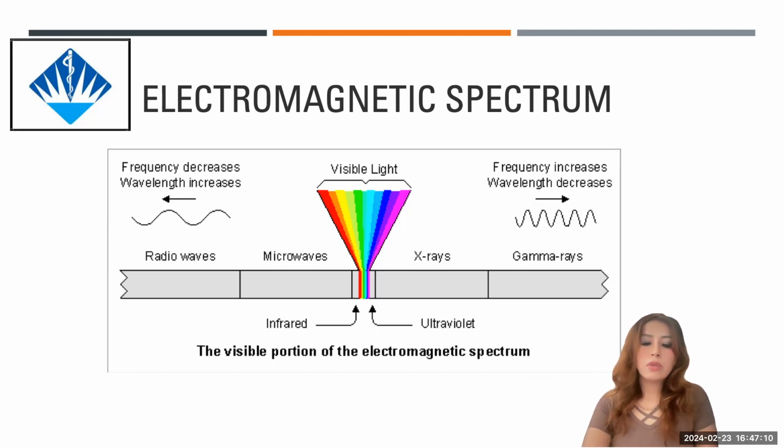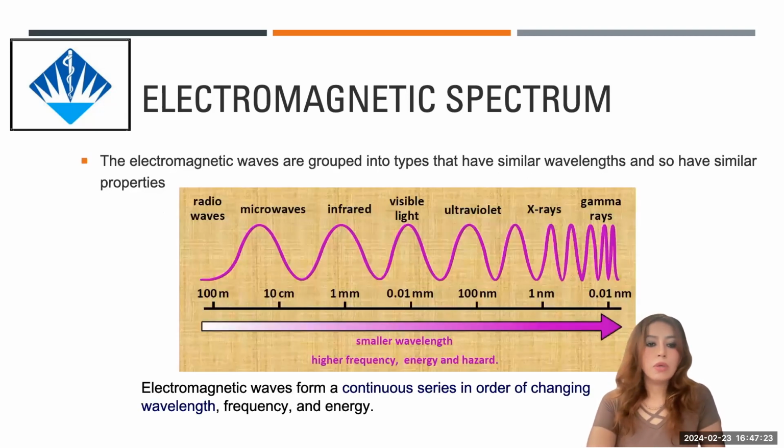Its frequency, as you see, is inversely proportional to the wavelength. We can see a part of it, the visible light region, which we will talk about in the following slides. The electromagnetic waves are grouped into types that have similar wavelengths and so have similar properties. You can see their wavelength values and how frequency and energy change in the figure.